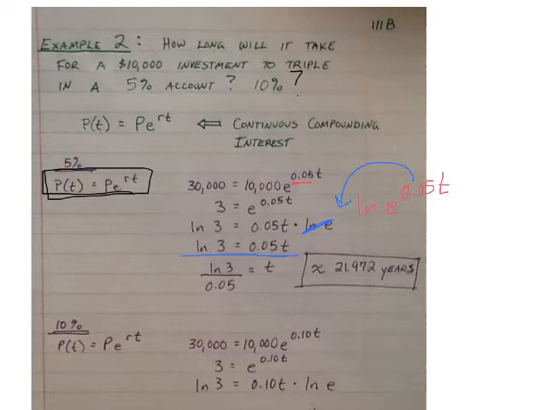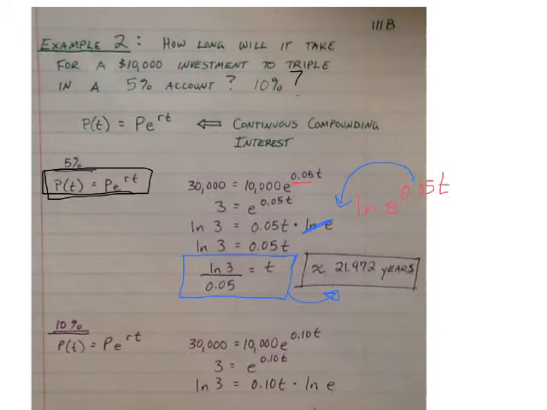Divide both sides by 0.05, and I get my final answer. And that's not very informative to me until I plug it in and get an actual numerical value of 21.972 years. So it takes approximately 22 years for my investment to triple at 5%.